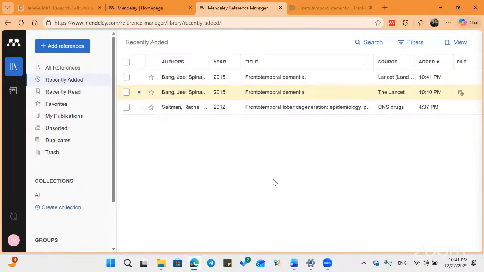This is the same PDF I just added, but here it appears with its file or a PDF.